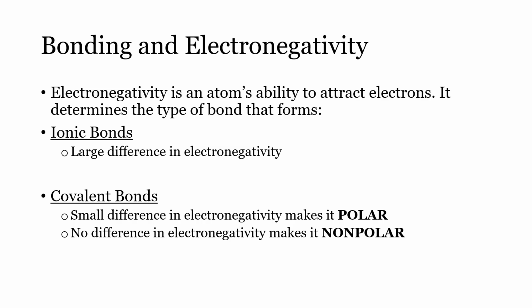H2O is considered to be a polar molecule because the oxygen is electronegative, and it is going to pull those electrons a little bit closer to the oxygen. Now, a nonpolar example would be O2. An oxygen molecule would be considered nonpolar because it is two of the exact same atoms and they're going to share those electrons equally.